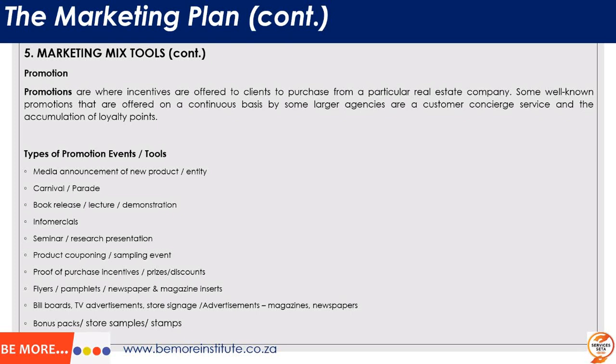I remember when post boxes were a thing, you would find a lot of pamphlets amongst your mail. Billboards are some of the avenues. Bonus packs, a buy 2 for 3 kind of situation. So these are some of the things that you can employ in promoting your product.